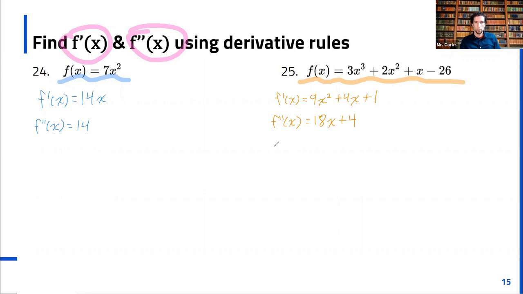So second derivatives, third derivatives, fourth derivatives, you just keep repeating the derivative process here. We don't really go too deep. Usually just do a second derivative. I'm going to talk more about that in class next week, so I won't say too much about that here.